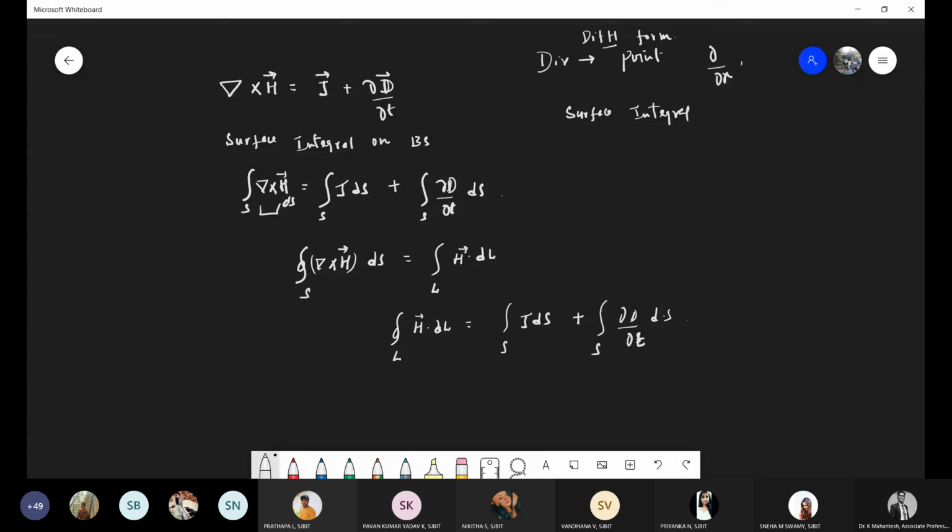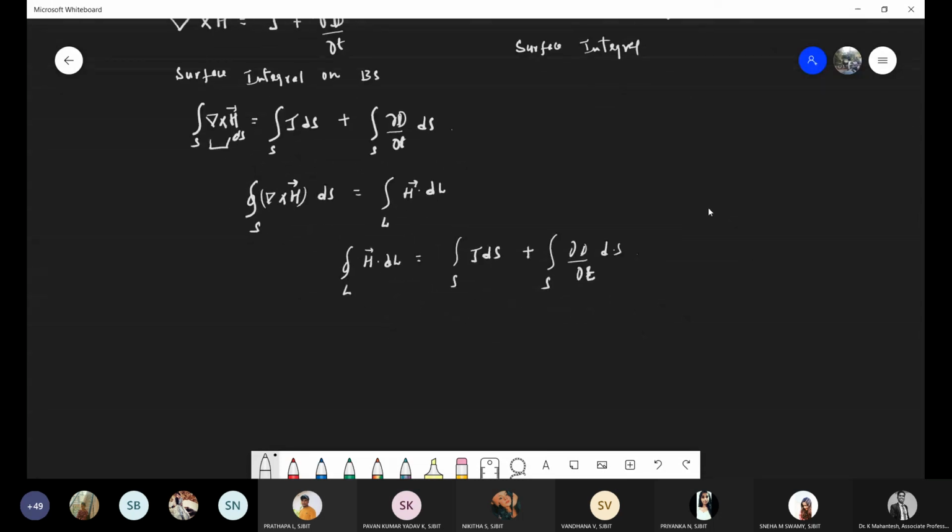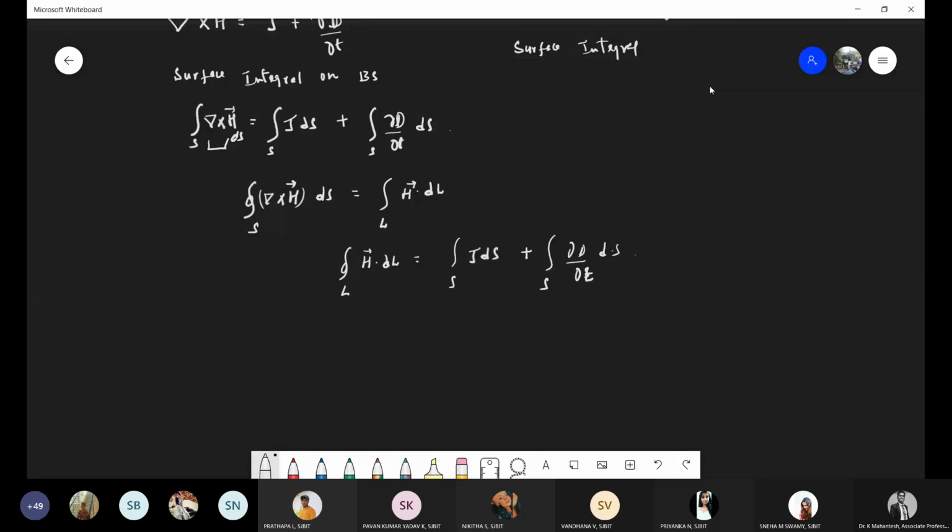Now if you look at this equation very carefully, this is an integral form. This is equal to the total current I, which is the conduction current IC, equal to surface integral J ds, plus ID, the displacement current.